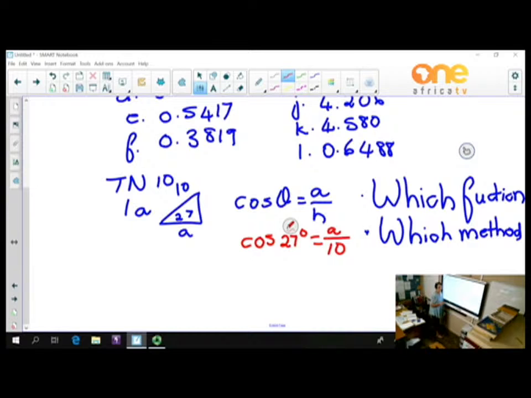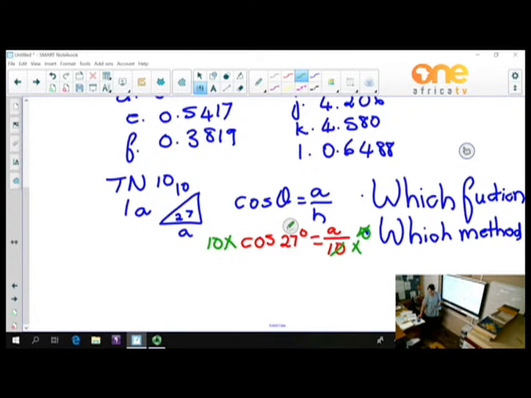And now we have to look at the method. And the method is top times. So when you want that top one, you always multiply. I can reason it out that I'm going to multiply with the LCM here. So times 10, cancel, times 10. But we can just remember the shortcut, top times.